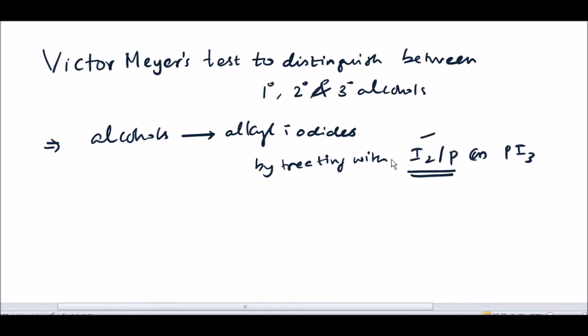Preferentially, iodine phosphorus is most suitable to convert alcohols into alkyl iodides. That will be the first step.